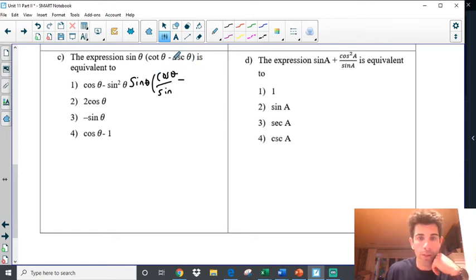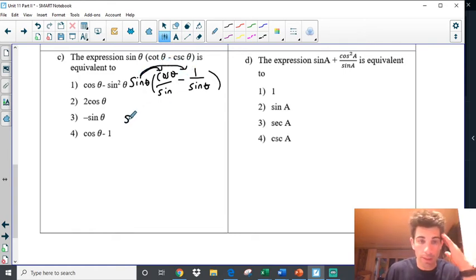And that's minus cosecant, which is 1 over sine. Now we're going to distribute this through. If you did that first, it doesn't matter, because in the end we're all going to have this: cosine theta minus sine theta times 1 over sine theta.